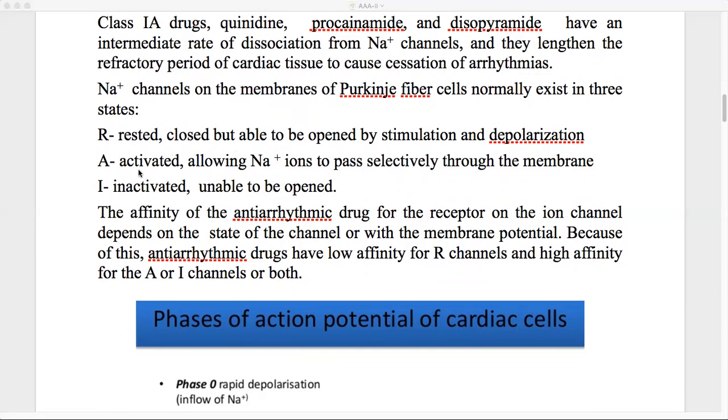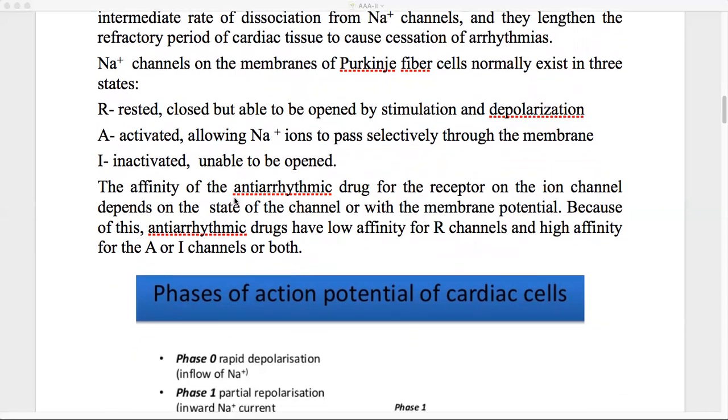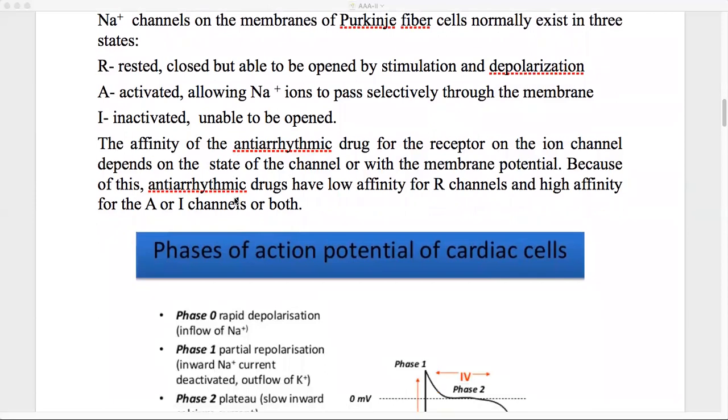Then another state is the activated state, allowing sodium ions to pass selectively through the membrane. And another is the inactivated state, in which the channel is completely unable to open. Our antiarrhythmic drugs have more affinity towards the activated and the inactivated states.